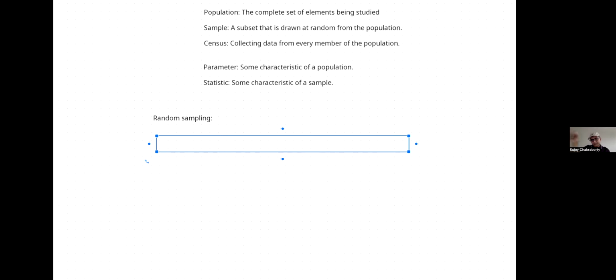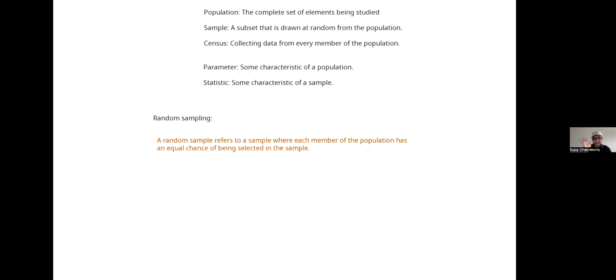That means when we draw samples at random, every individual in the population has an equal probability or chance of being selected, okay? That's what we mean by a random sample. Now, there are typically four common sampling techniques, okay?